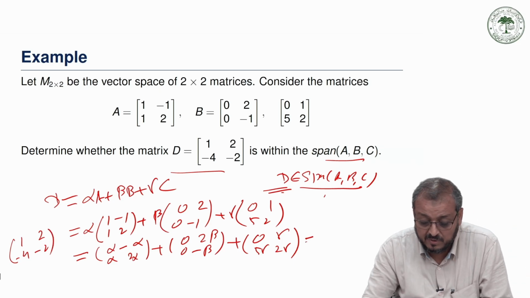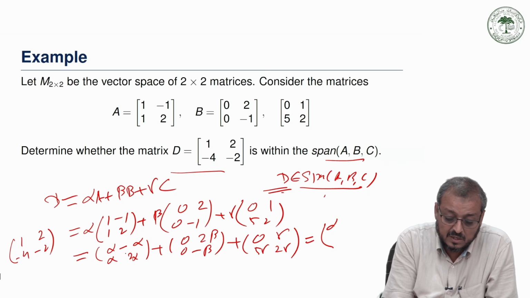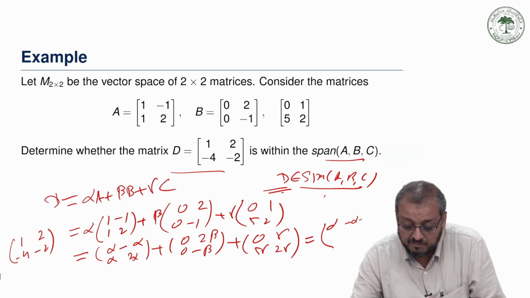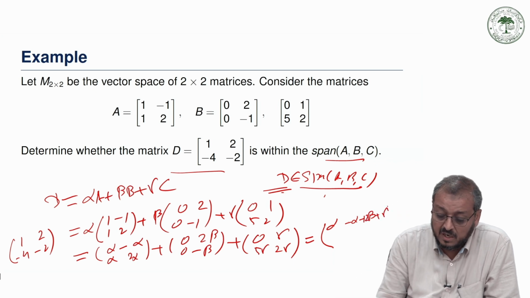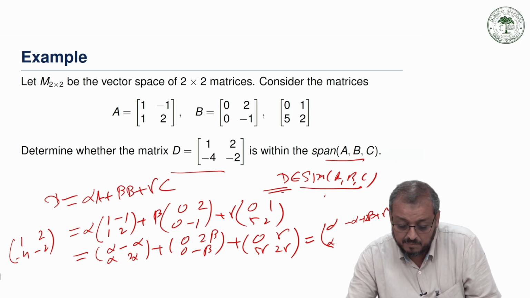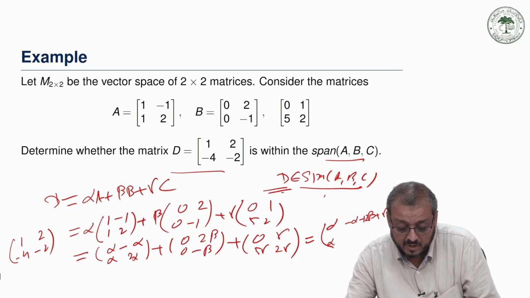So this can be written in this form: alpha plus 0 is alpha, next minus alpha plus 2 beta plus gamma, then alpha plus 5 gamma, and 2 alpha minus beta plus 2 gamma.